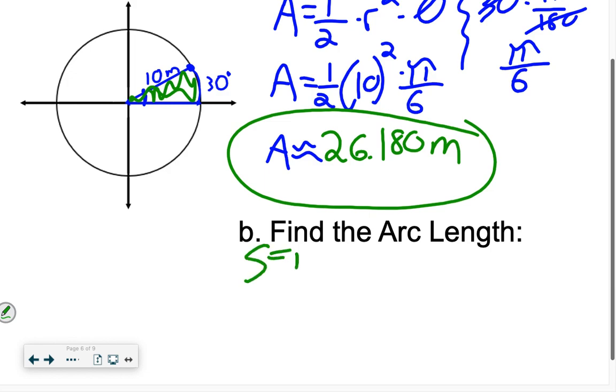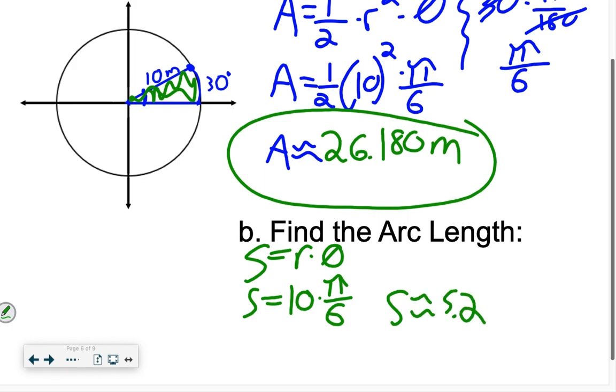S equals r times theta. Well, we know that r is 10. And we know that theta in radians is pi over 6. So we can just do 10 times pi divided by 6. So your arc length is about 5.236. And again, that's meters.